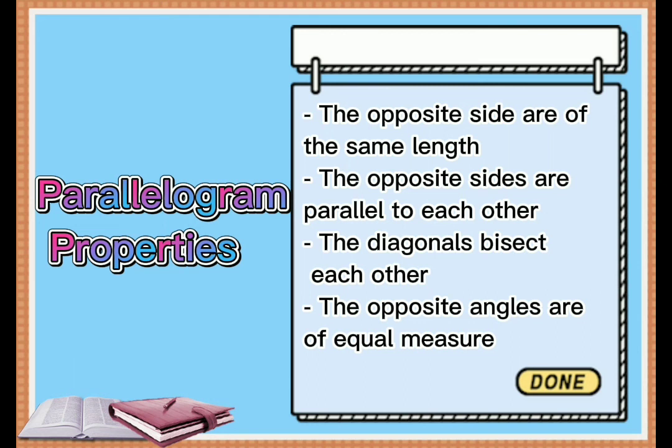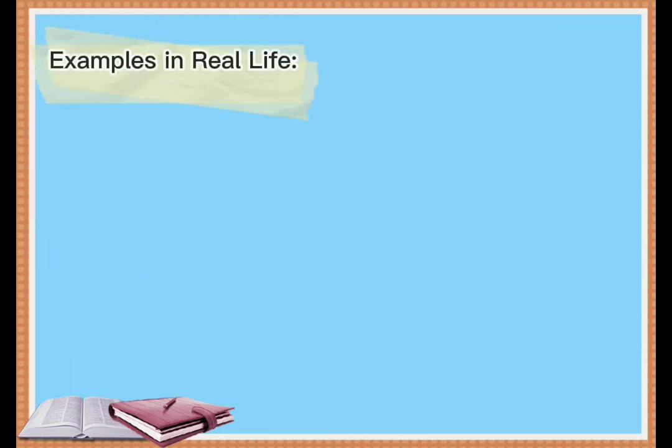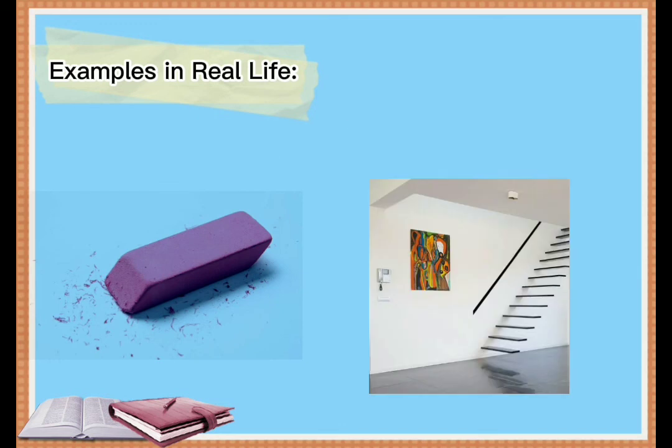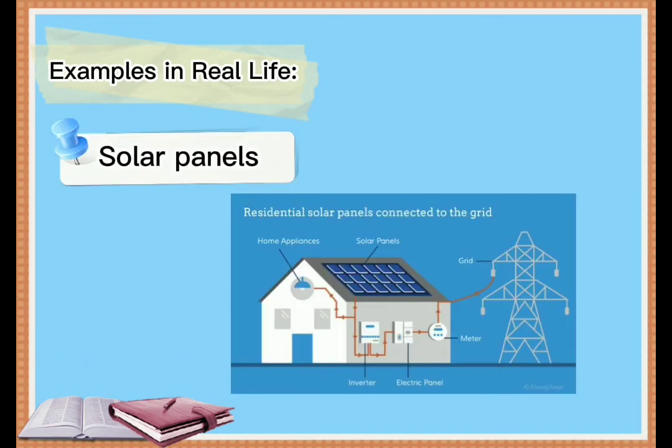Third, the diagonals of a parallelogram bisect each other. Fourth, the opposite angles are of equal measure. And last, the sum of two adjacent angles of a parallelogram is equal to 180 degrees. Examples of a parallelogram in real life are erasers, steps of a staircase, solar panels, and many more.